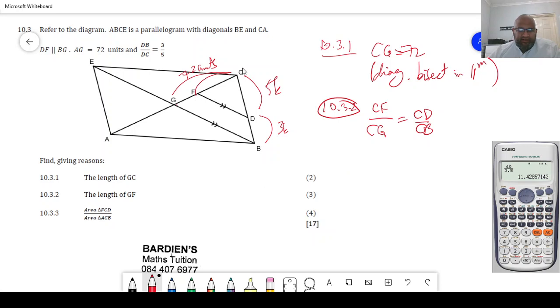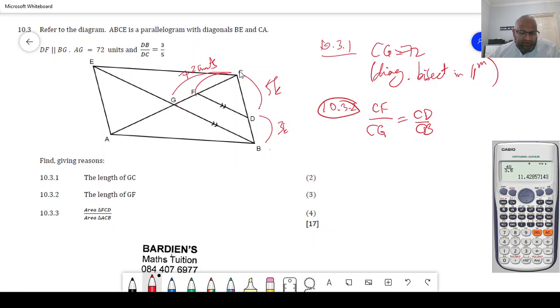So CF over CG is equal to CD over CB. Or I could have said CG over FC is equal to CB over CD. But we won't say CF over FG, because then there are two unknowns, FC and GF. Since we have the length of CG, that's why I'm going with the whole length. I hope that makes sense.